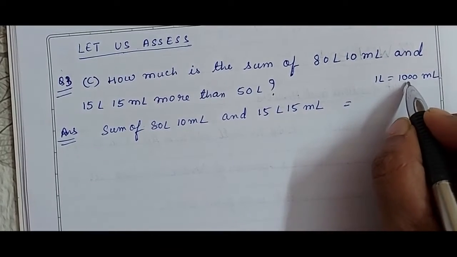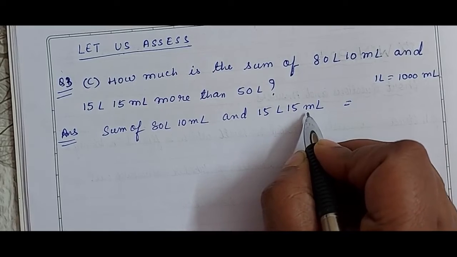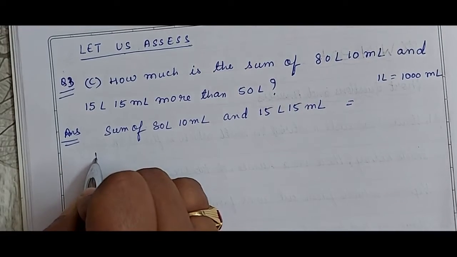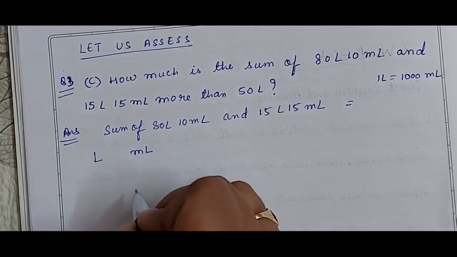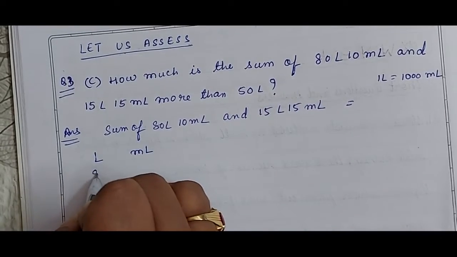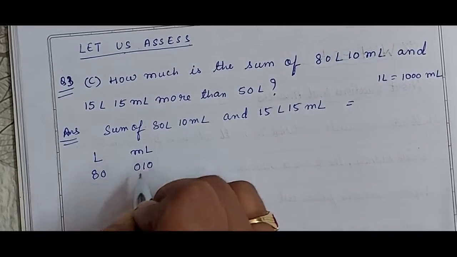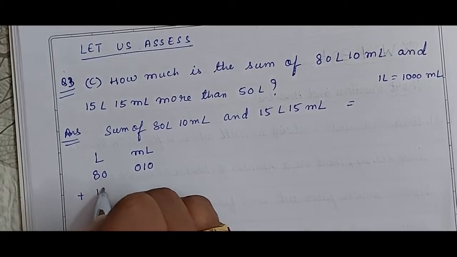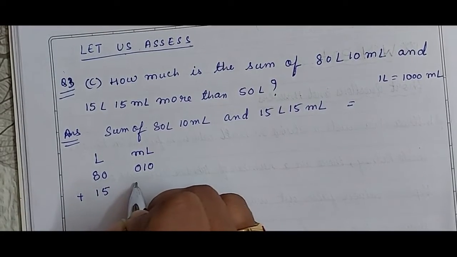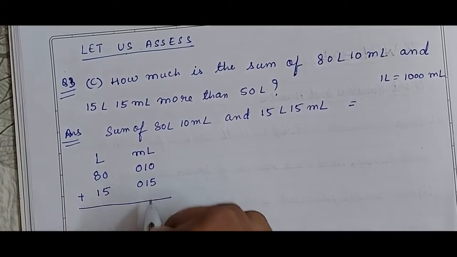In 1000 milliliters 3 zeros are there, so 3 digits should be in the milliliters place. So we will write here liter, then we will write here milliliters. 80 we have written here, here we will write 010 plus 15 liters, and here we will write 015. Then we will add these two.